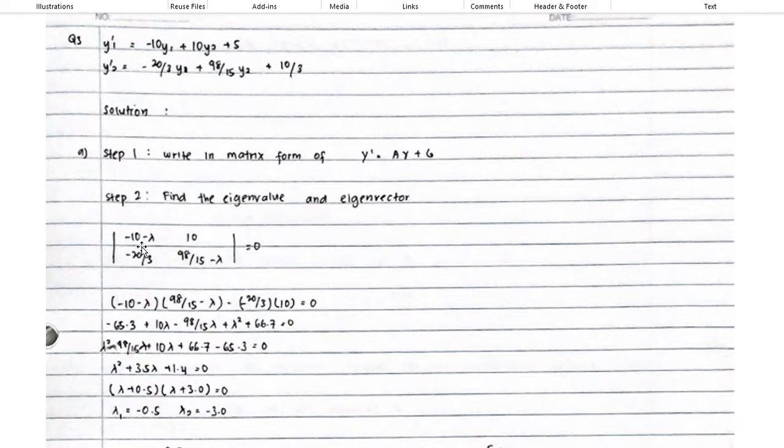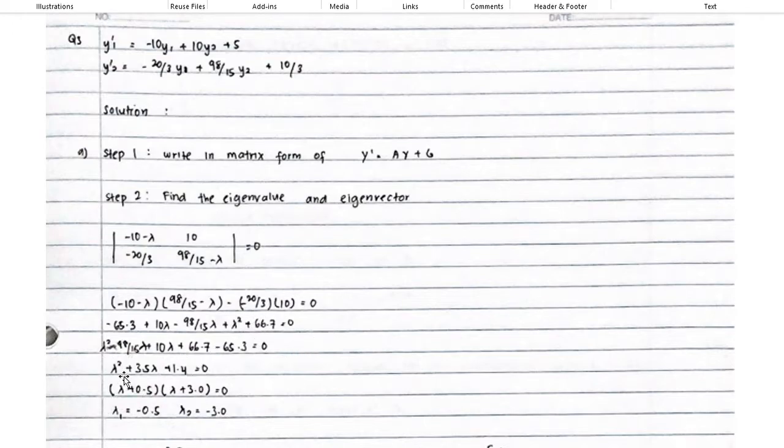Then after we add a negative lambda on this side, we do a cross multiplication, and after the cross multiplication, we subtract the value.